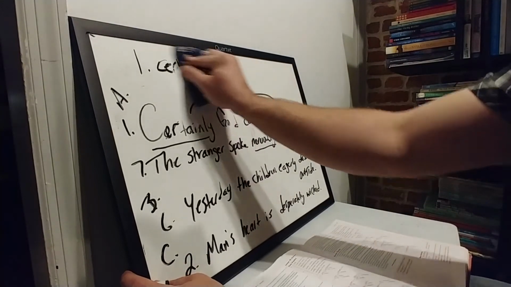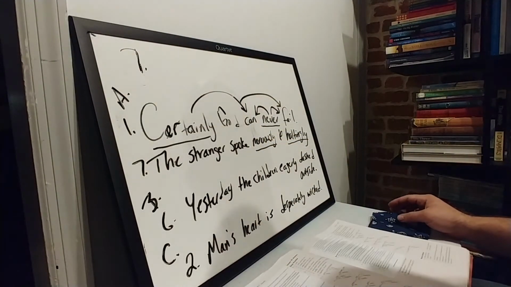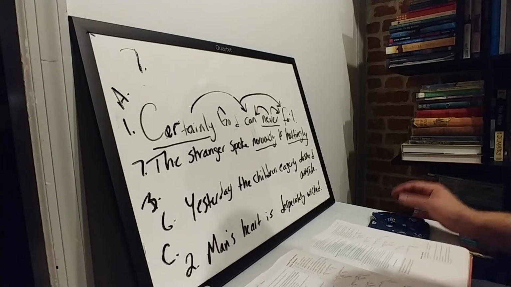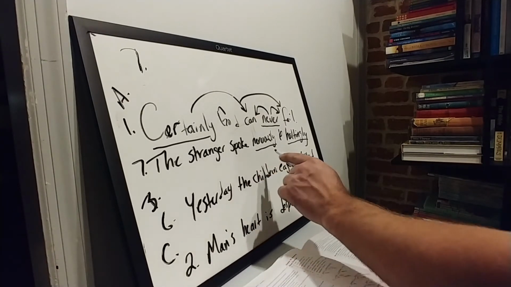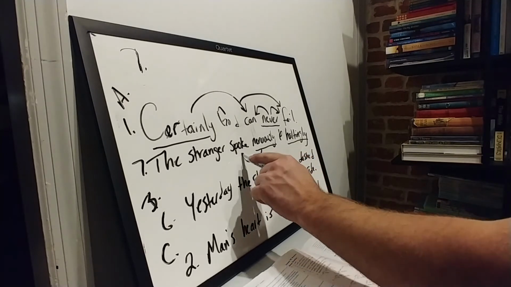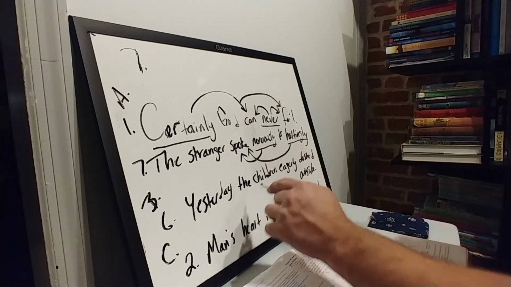Now, I also wrote down number 7. The stranger spoke nervously and haltingly. Now, to what degree? This is explaining what? Well, it's saying to what degree he spoke. He spoke nervously and haltingly spoke.